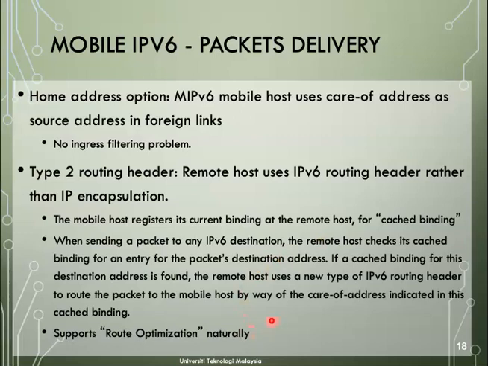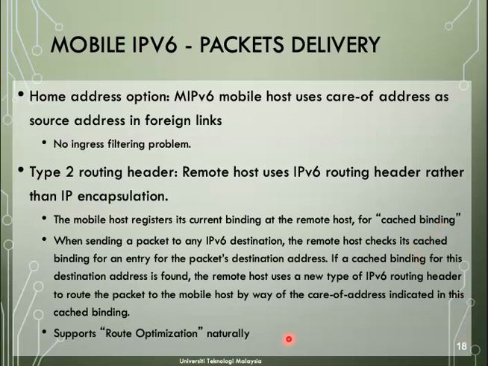Route optimization means a manner of delivering packets that does not require going through the home network. Instead, it can send the packet straight to the care of address. It will enable faster and also more reliable transmission. And the mobile host also needs to ensure that the binding cache entry exists for its home address so that the remote host can process the packet.